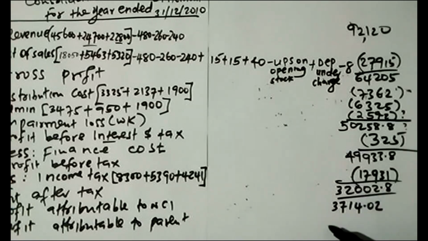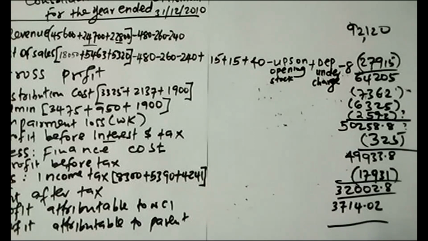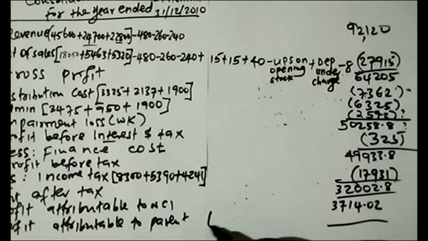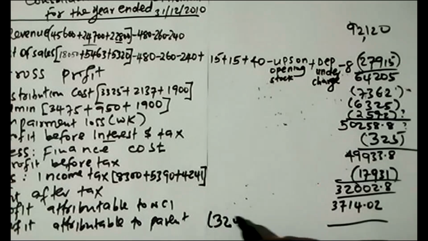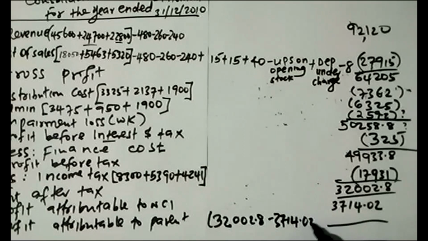So take the total, 32002.8, minus 3714.02, so that we can get what is attributable to the parent. Because out of the total 32002.8, if you minus 3714.02, which is going to the NCI, non-controlling interest, you can now get what was remaining for the parent.